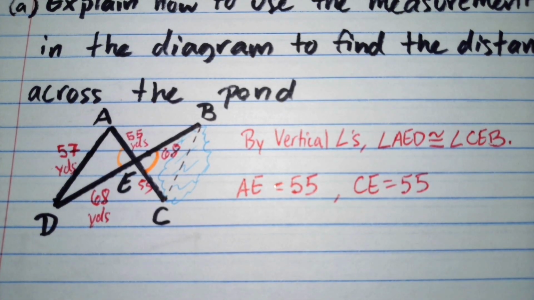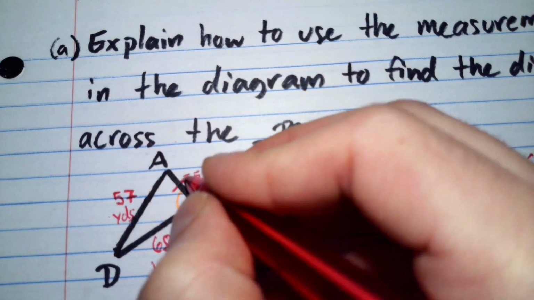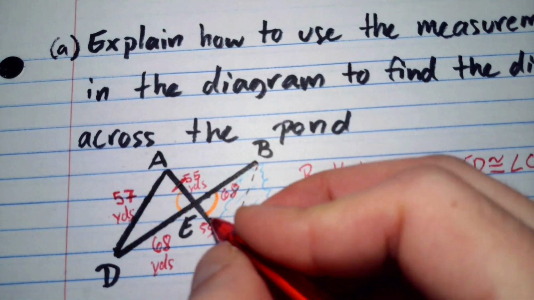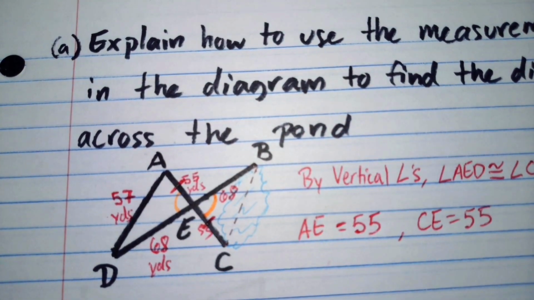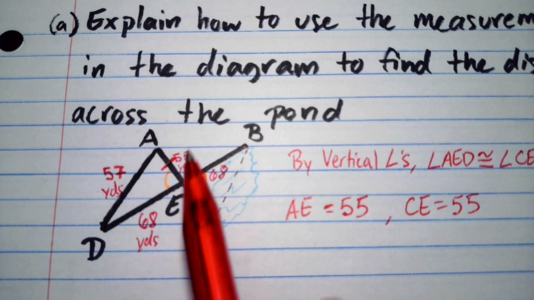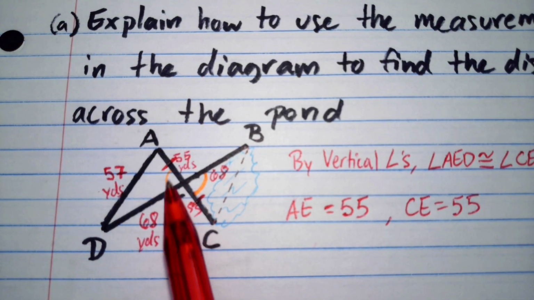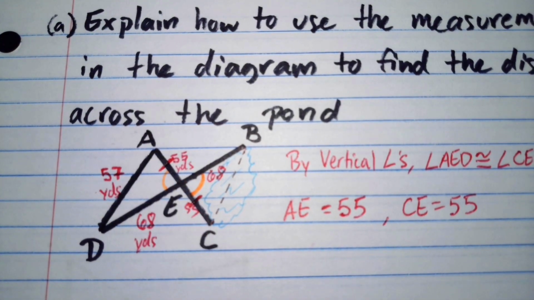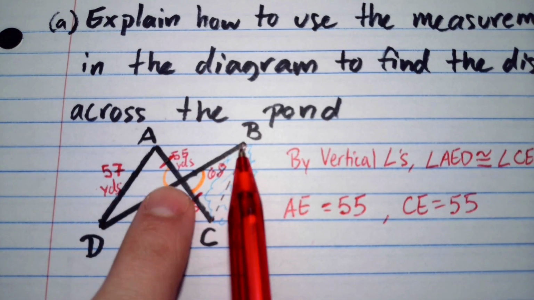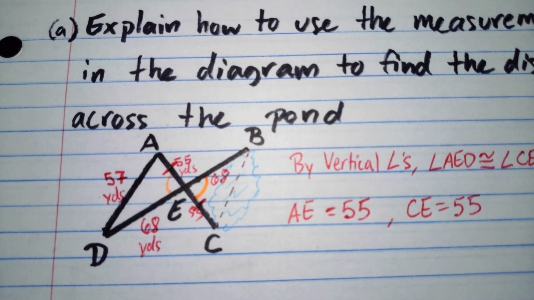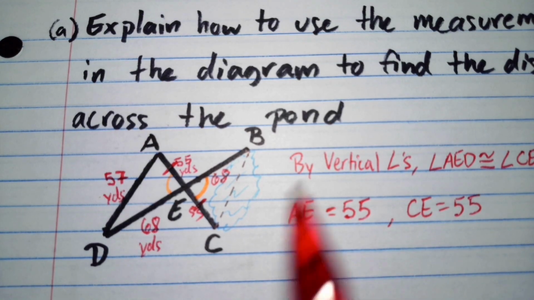So in other words, we now know that this segment right here and that segment right there are congruent. So we have a side and angle. If we are able to find this side right here, then we know that these two triangles are congruent by the SAS theorem. And we do.